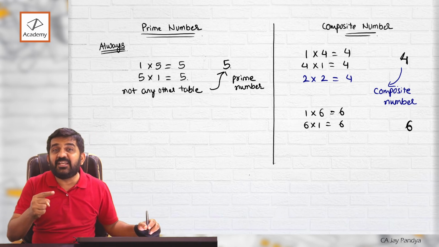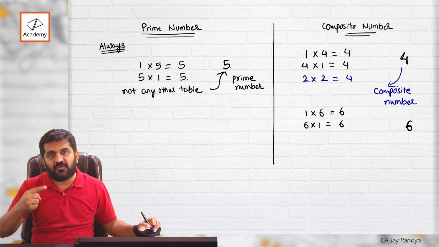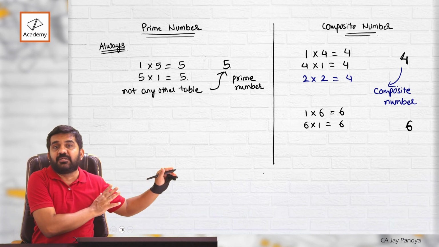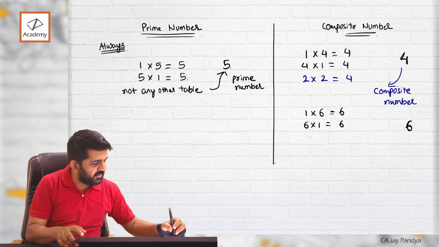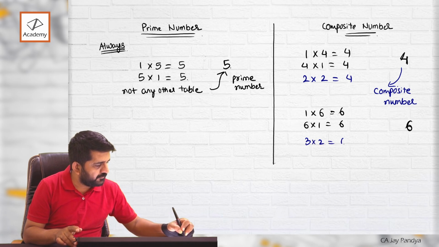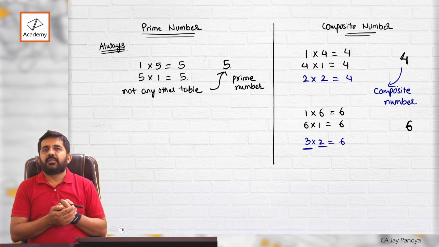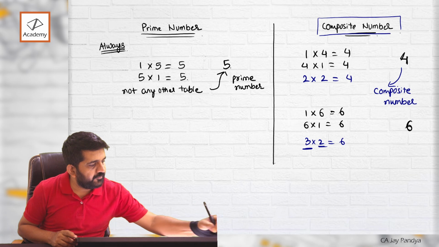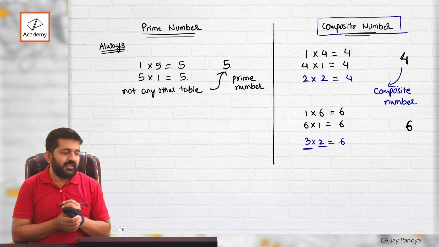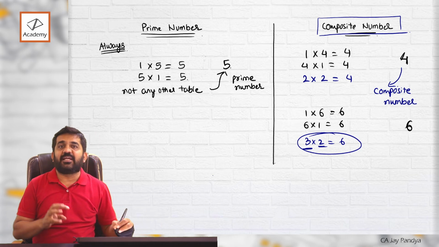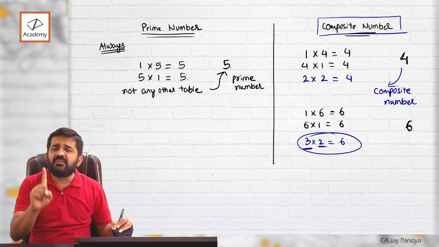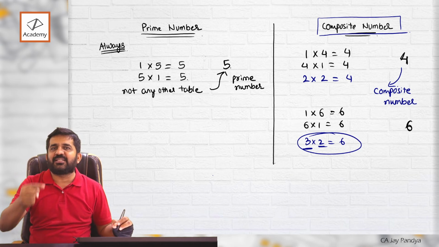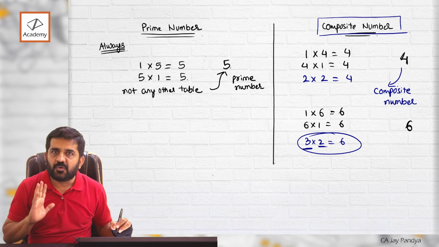Is it in any other table? Yes, it is in a table of 2 also. It is in a table of 3 also. But it is not important in how many tables it is. Even if it is in one more table, then it is a composite number. So you don't have to list how many tables it is coming in. Even if it is coming in one more table, except 1 and itself, then it is a composite number.